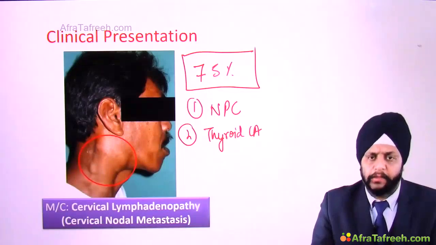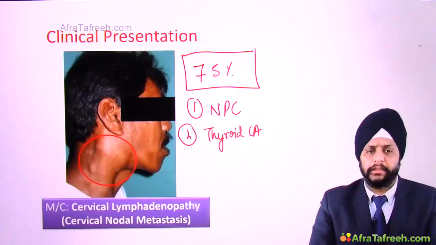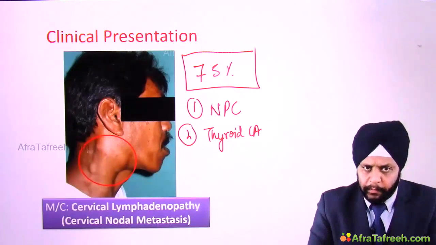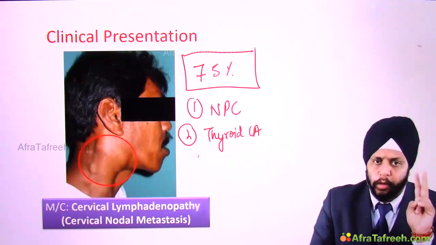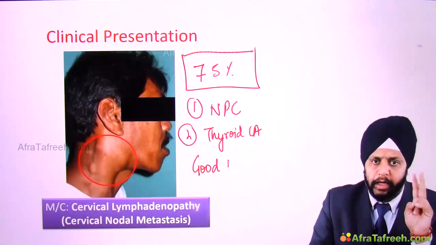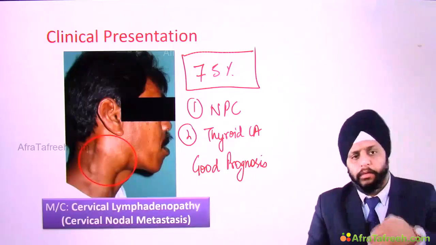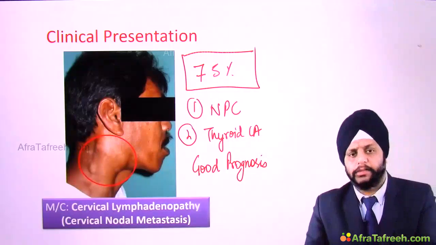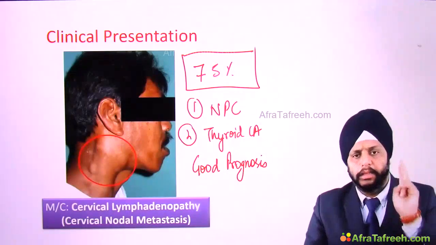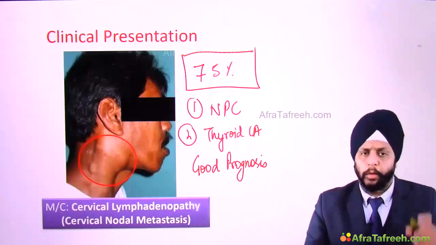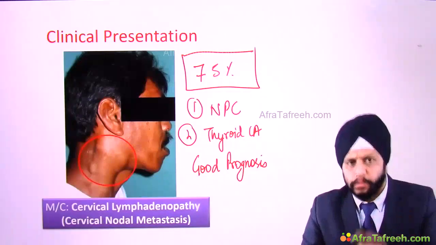So I'll repeat my statement again. Generally, we say that metastasis leads to poor prognosis. But there are two malignancies which have good prognosis despite early lymph node metastasis. So lymph node metastasis does not affect the prognosis in NPC and thyroid carcinoma. Both of them will have early lymph node metastasis, but prognosis is still good.